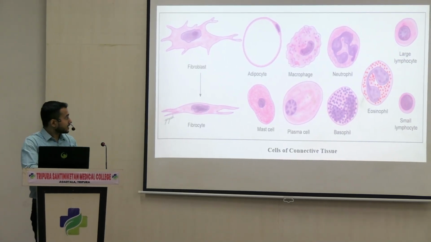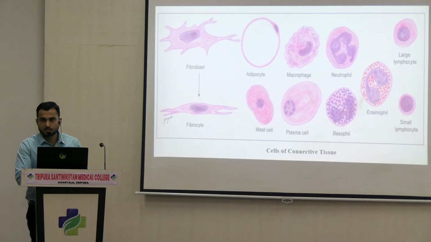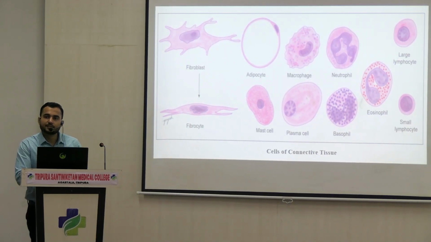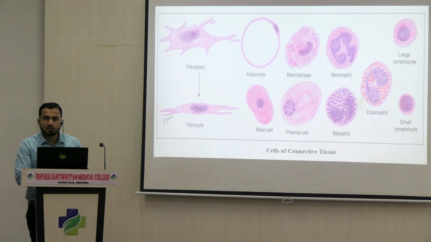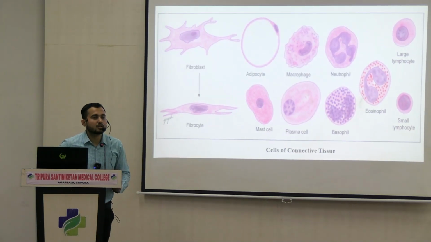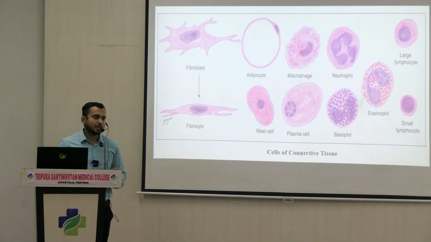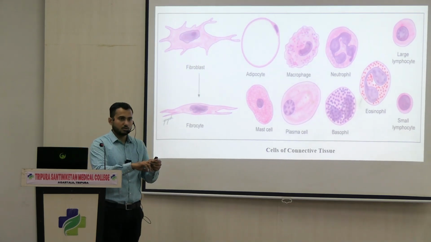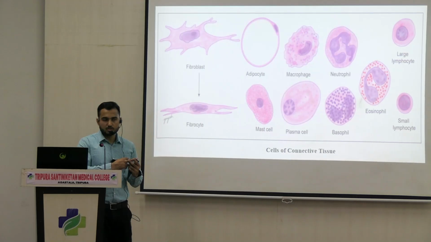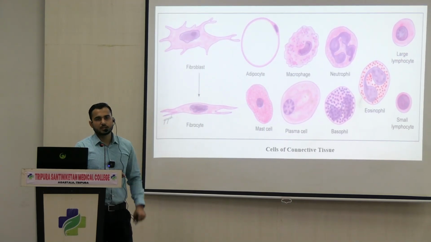Next, fat cells are there. See, these are the fat cells, also called adipocytes. Now, how to identify the fat cell? In the case of a fat cell, a terminology is used called signet ring appearance. Signet ring, the ring which you wear on your finger, also called digit. Just see the shape of the ring.